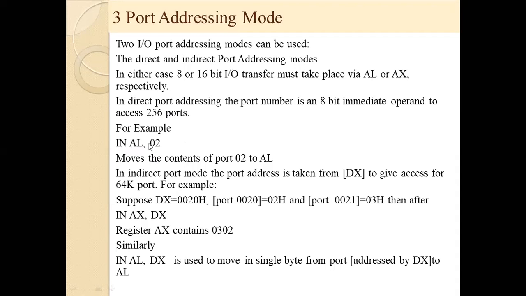So this instruction will take data from port 02 and will send it to AL. This is called the direct port addressing because the port address is directly part of the instruction.